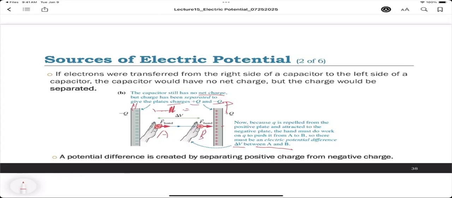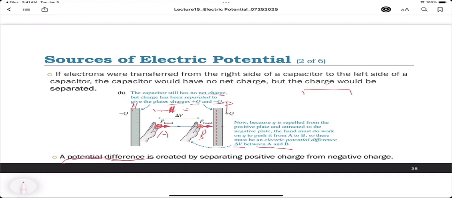A potential difference is created by separating positive charge from negative charge. That's why the potential difference comes out.